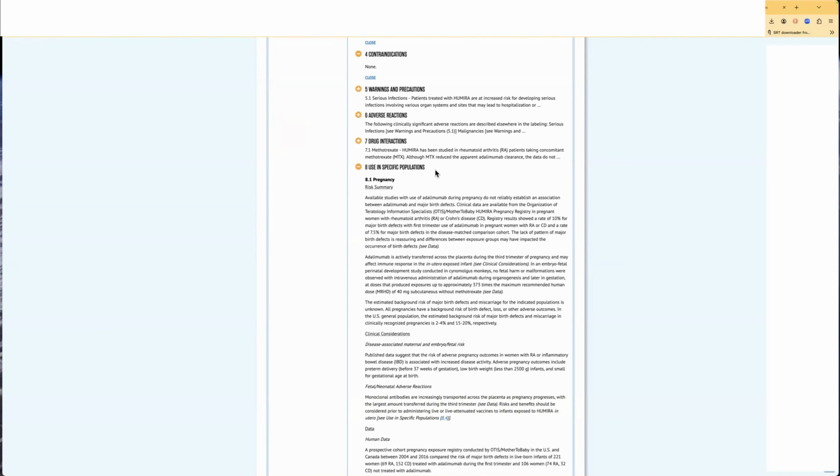For example, here, which is very important as well, the registry results showed a rate of 10% for major birth defects with first trimester use of Humira in pregnant women with RA or CD, and a rate of 7.5% for major birth defects in disease-matched comparison cohorts. So you see that we are looking into the first trimester, which means that the pregnant person was not aware of the use of the product.